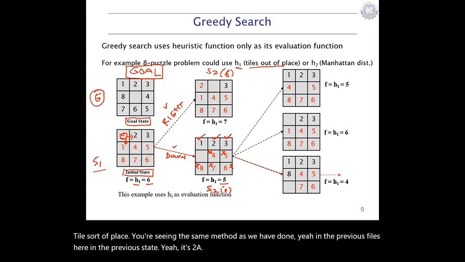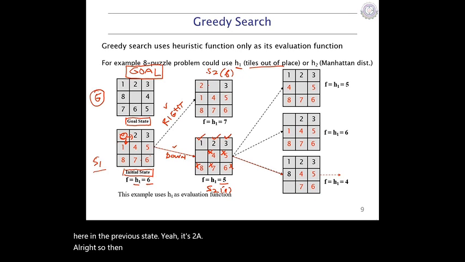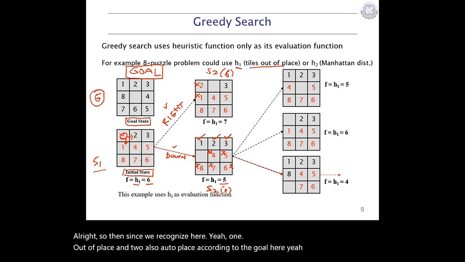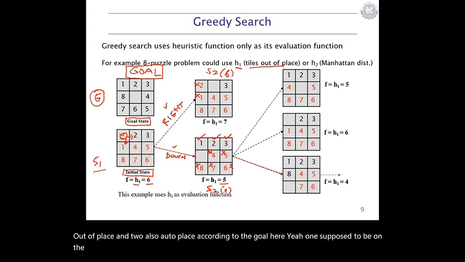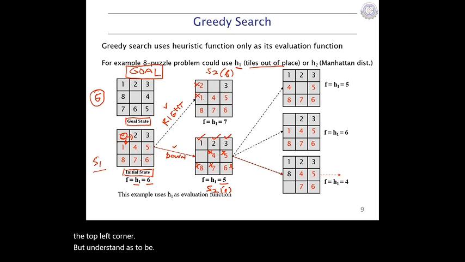All right. So since we recognize here that 1 is out of place and 2 is also out of place according to the goal. 1 is supposed to be on the top left corner, but in S2B it is on the first column, the same first column, but the second row, not the first row.